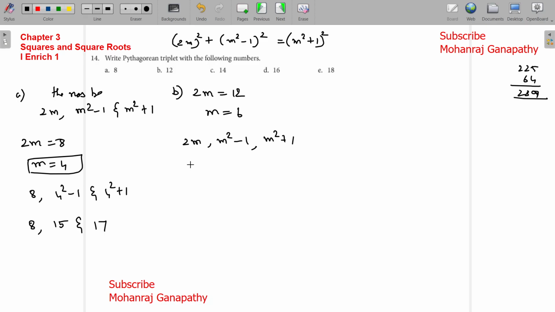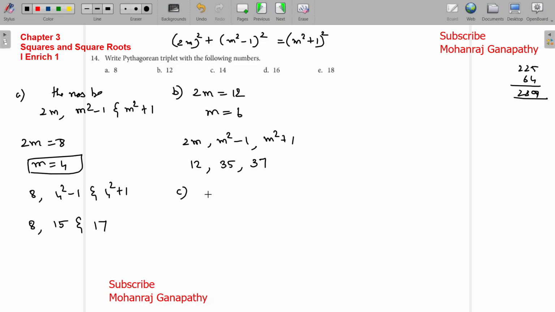So 2 into 6 is 12, 6 square is 36, 36 minus 1 is 35, 36 plus 1 is 37. So the book answer might vary. You can try what other possibilities are possible.